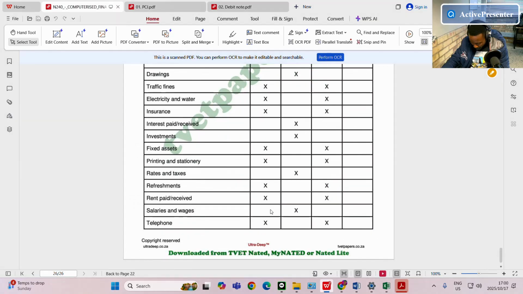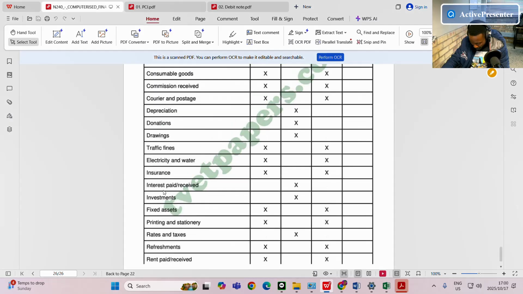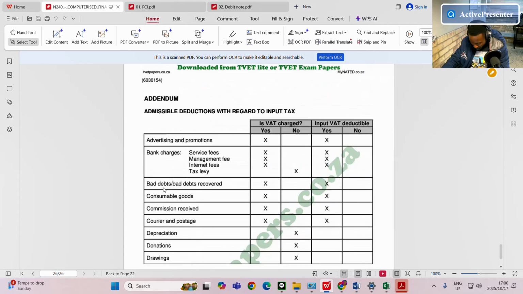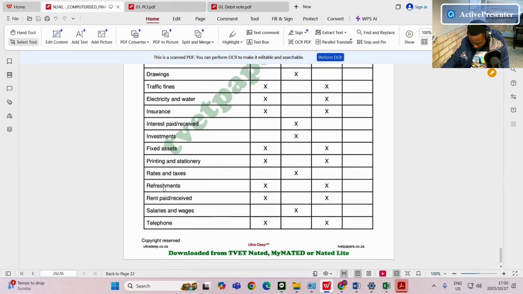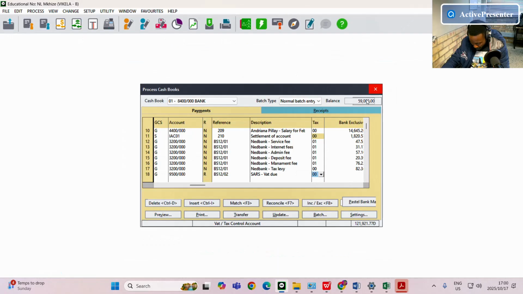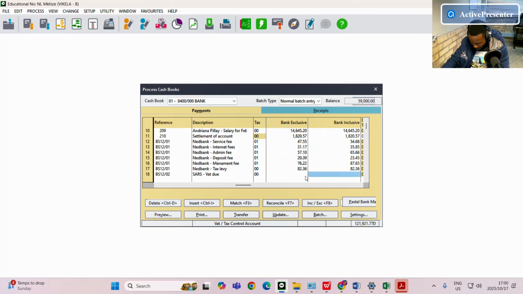They don't even have it here. So there's no VAT involved, guys, because we are actually paying the VAT. The internet transfer is 6,500.